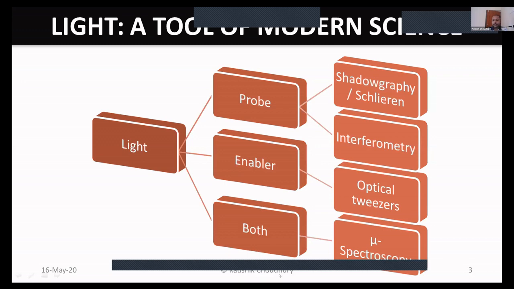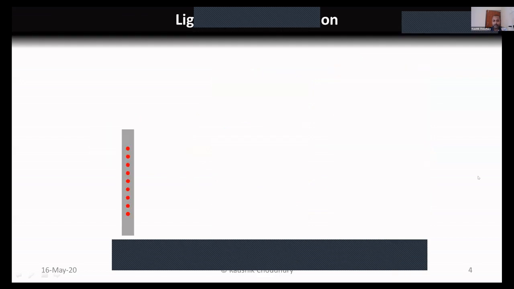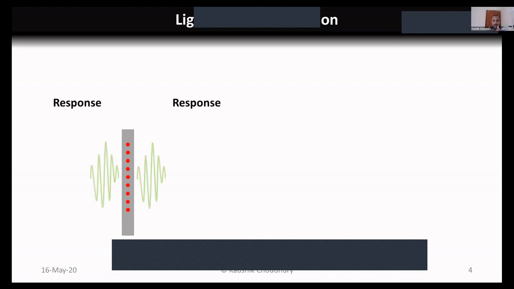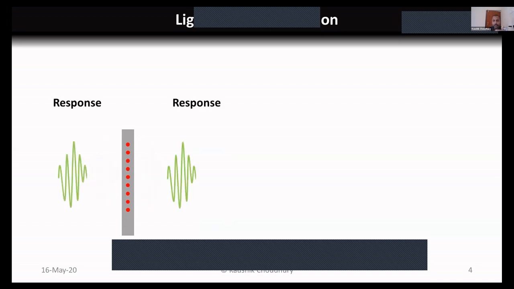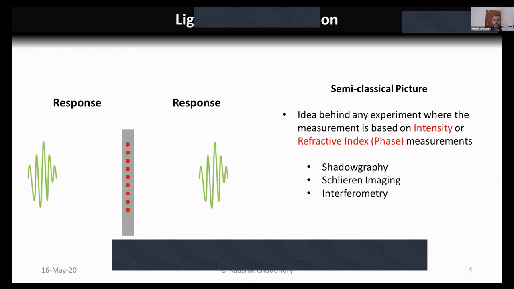Now, let's begin with some simple experiments. We start with the basic idea of how exactly light interacts with matter. When we consider light to be an electromagnetic wave, it interacts with matter, creates oscillation in the dipoles or the charge present in the material, and in response, a wavelength is emitted.